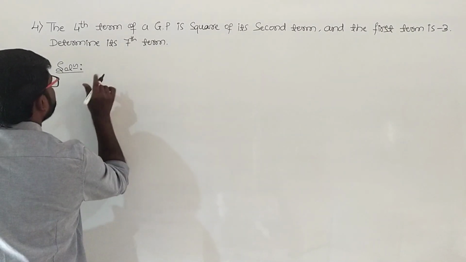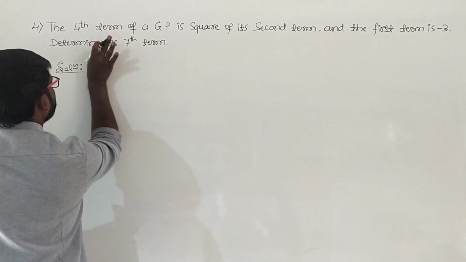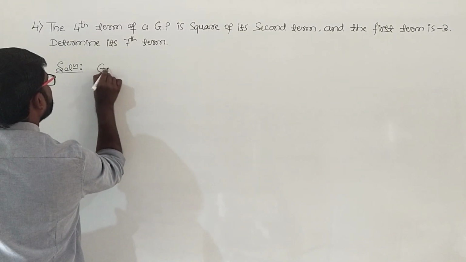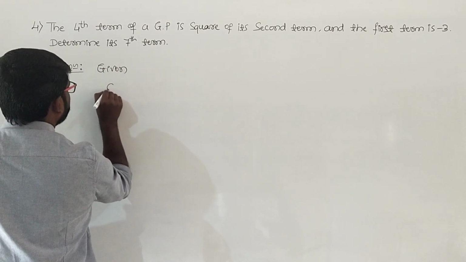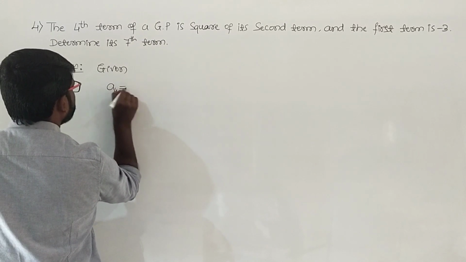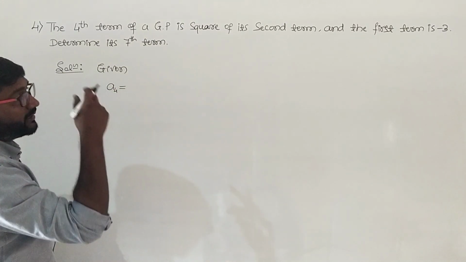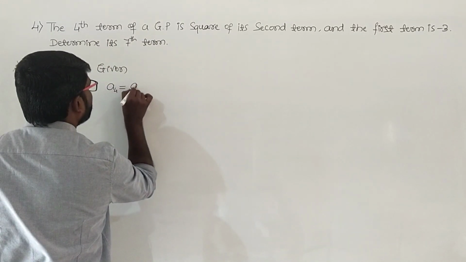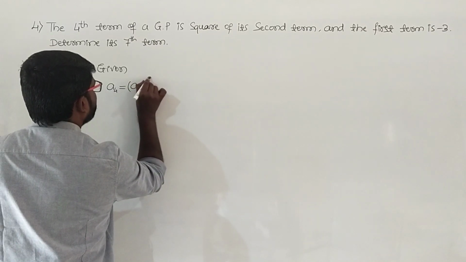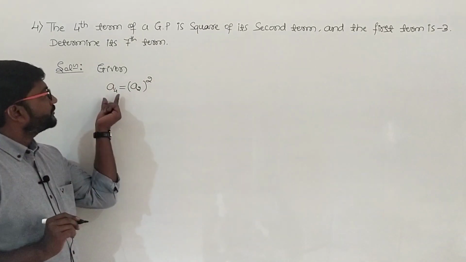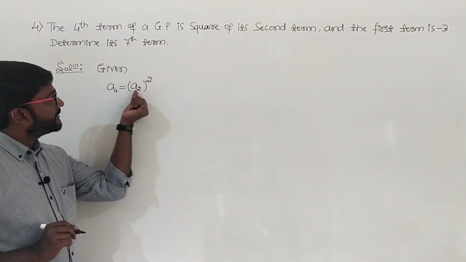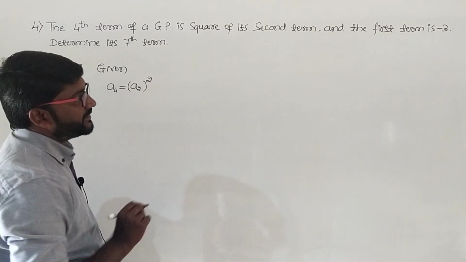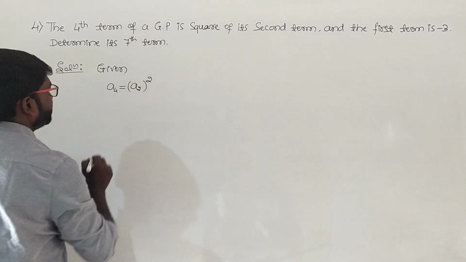So given, the fourth term, that is A4, is equal to square of its second term, that is A2 the whole square. Is that clear? And then first term is -3.